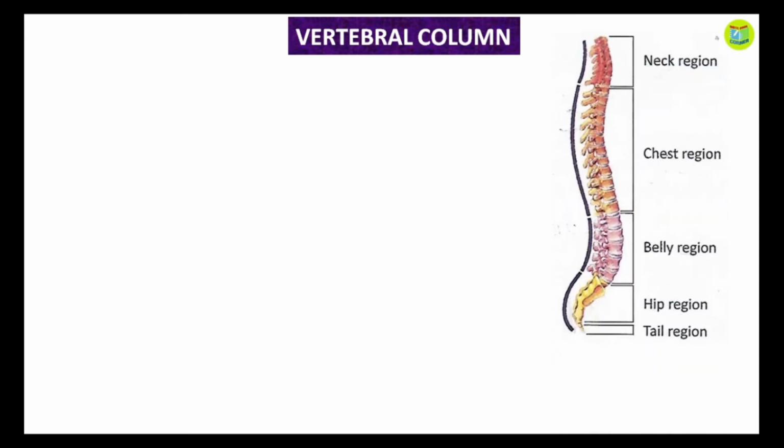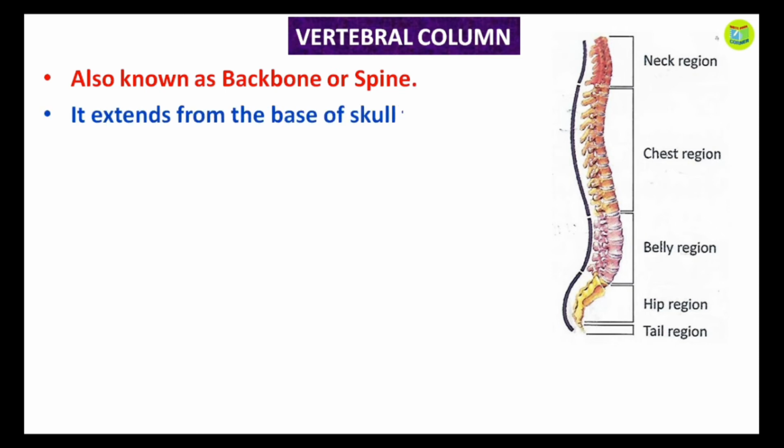The second part of the skeletal system is the vertebral column, also known as backbone or spine. The vertebral column extends from the base of the skull to the hips.